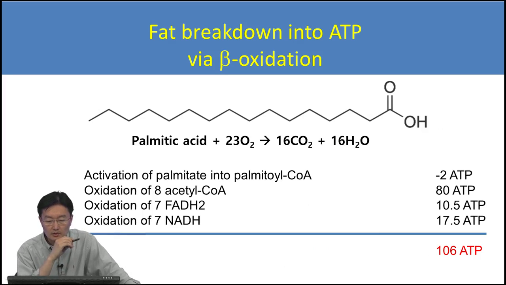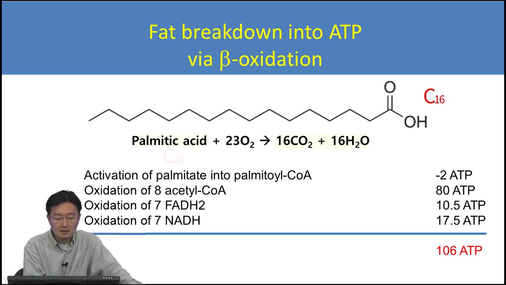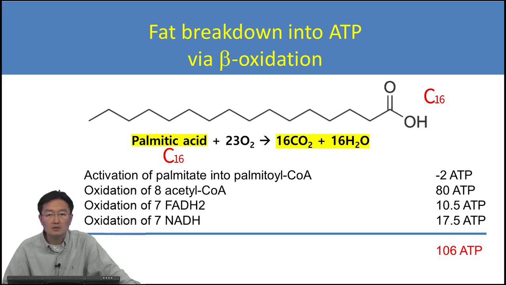Okay, we are looking at palmitic acid, one of the highly abundant fatty acids, a saturated fatty acid. How many carbons? 16 carbons. So when this 16-carbon palmitic acid is oxidized into water and carbon dioxide, a total of 106 ATP can be generated, which is huge, right?